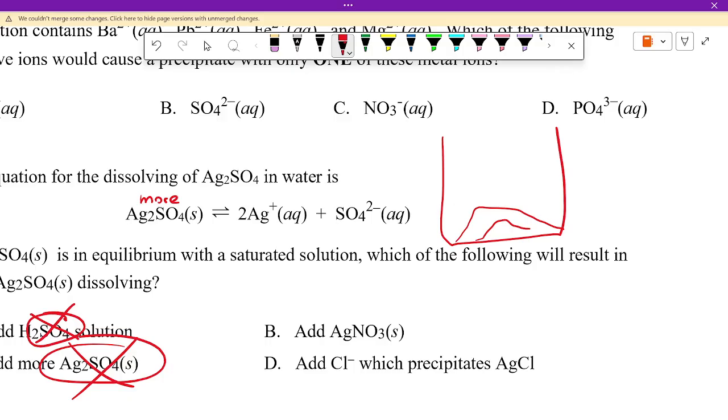Also increase it because you have a greater surface area at which that can occur. Okay, add AgNO3, that's a common ion. And then this one, AgCl, precipitates the Ag, so this decreases, so you're going to shift to the right, so more of that will dissolve. Yeah. Yes? 82.